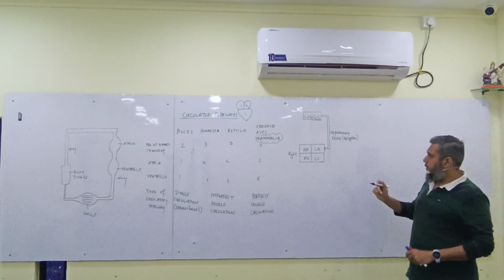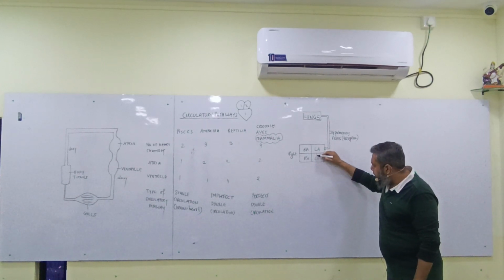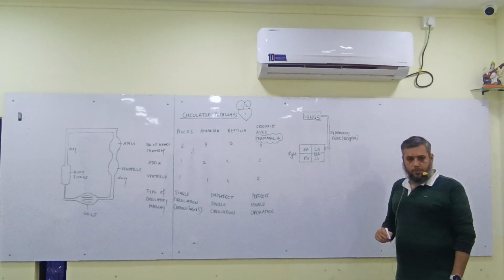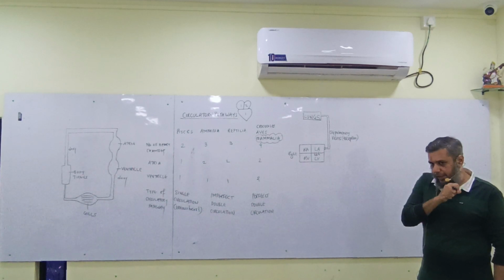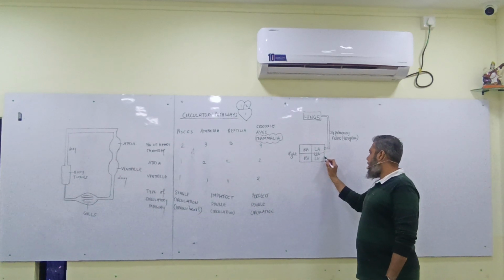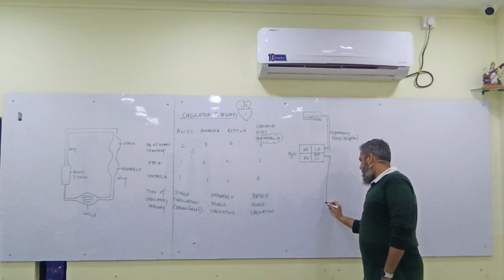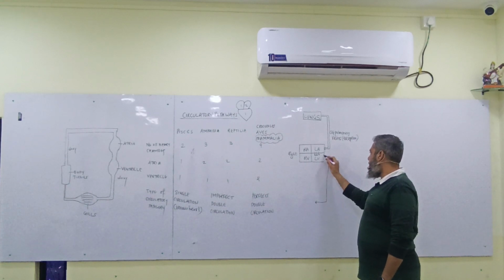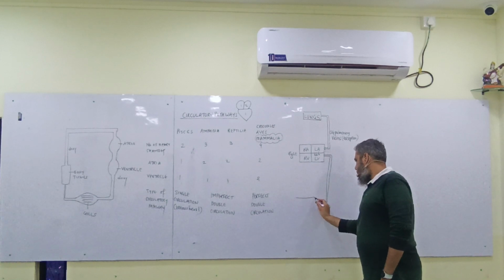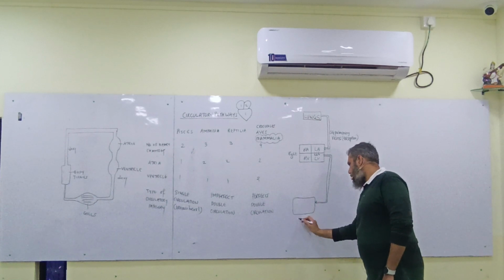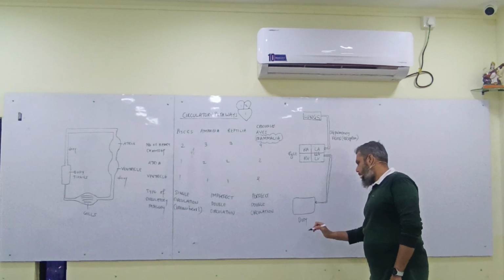Okay? Then the oxygenated blood will flow into whom? Left ventricle, which is a pumping chamber for oxygenated blood. Yes. So the ventricle will undergo contraction and the oxygenated blood will flow into your body tissues.